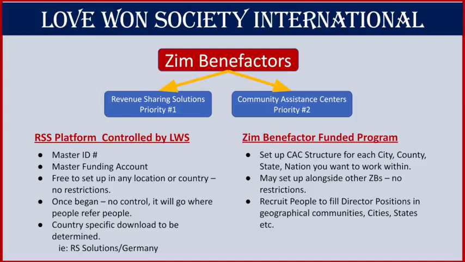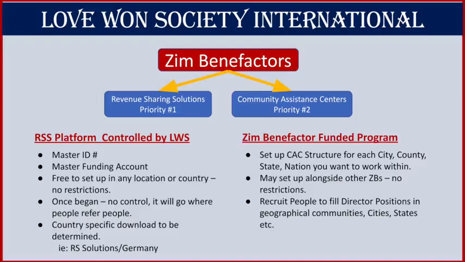Master funding account. Keep in mind that the RSS platform has no money in it. Yes, it's an accounting system that keeps track of money, but it's only accounting entries. There's no money in the system at all.